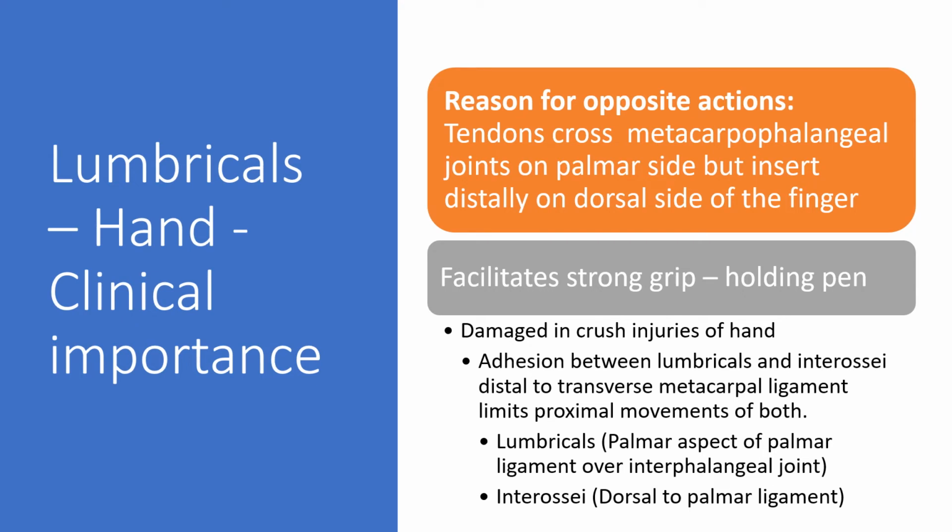So the lumbricals are on the palmar aspect of the palmar ligament, whereas the interossei are on the dorsal aspect of the palmar ligament. And during crush injuries, they adhere to one another distal to the transverse metacarpal ligament, limiting the proximal movements of both the lumbricals and interossei.